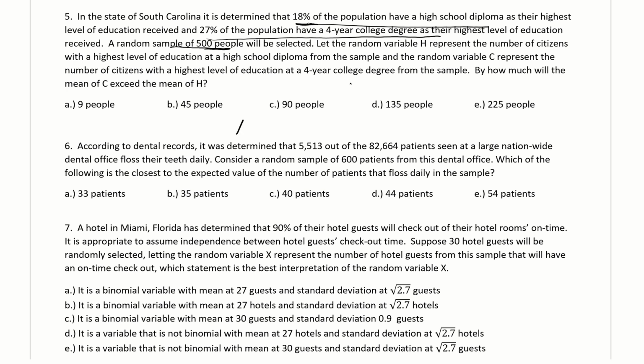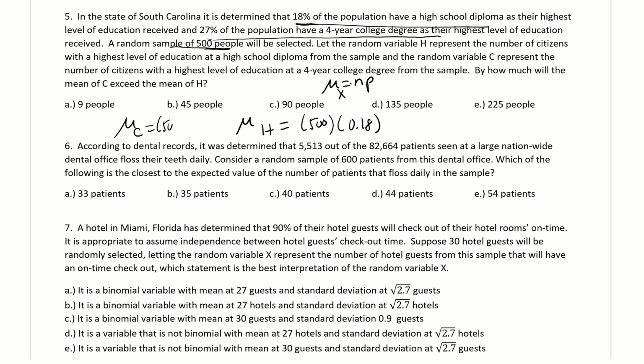Well then, in that case, okay, so then mu of high school is, we got 500. Remember the formula is n times p for the binomial distribution, right? The mean. So we got 500 people times probability of success for them is 0.18. And then we want to compare that with mu of college. Okay, so mu of college, we'll do it over here on the left side.